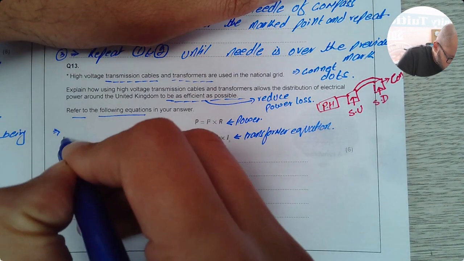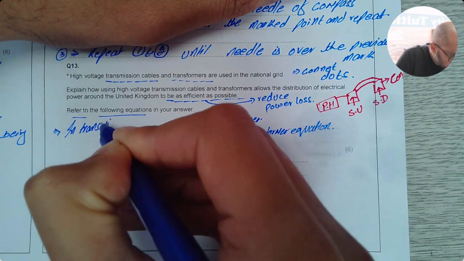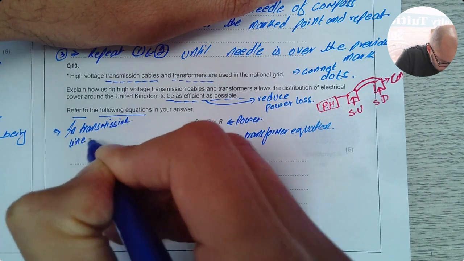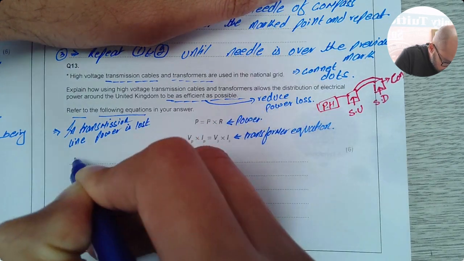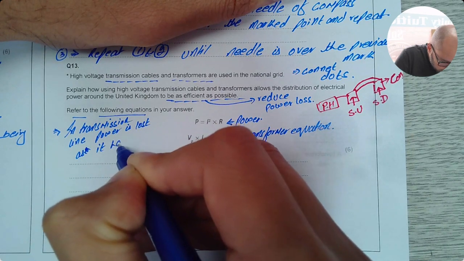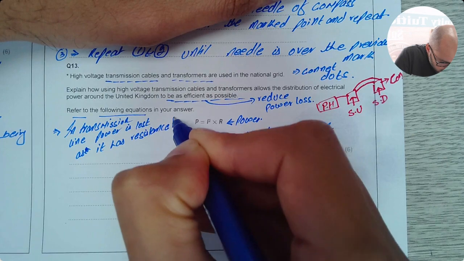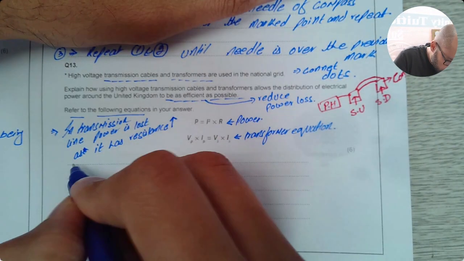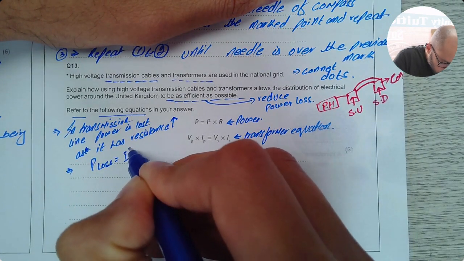So I can say in the transmission line, power is lost as it has resistance, but I have to say the resistance is high. How do I know this? So the power loss will be equal to I squared times R.